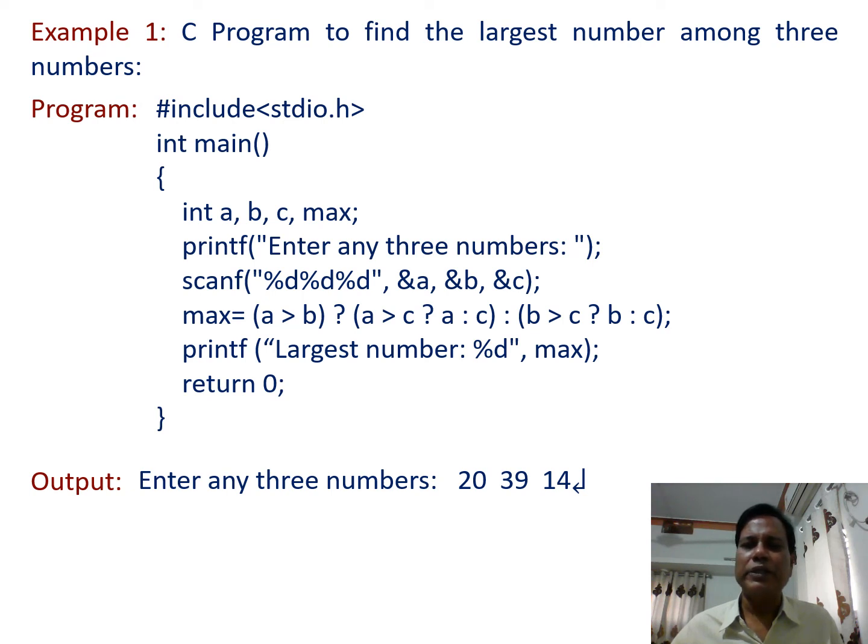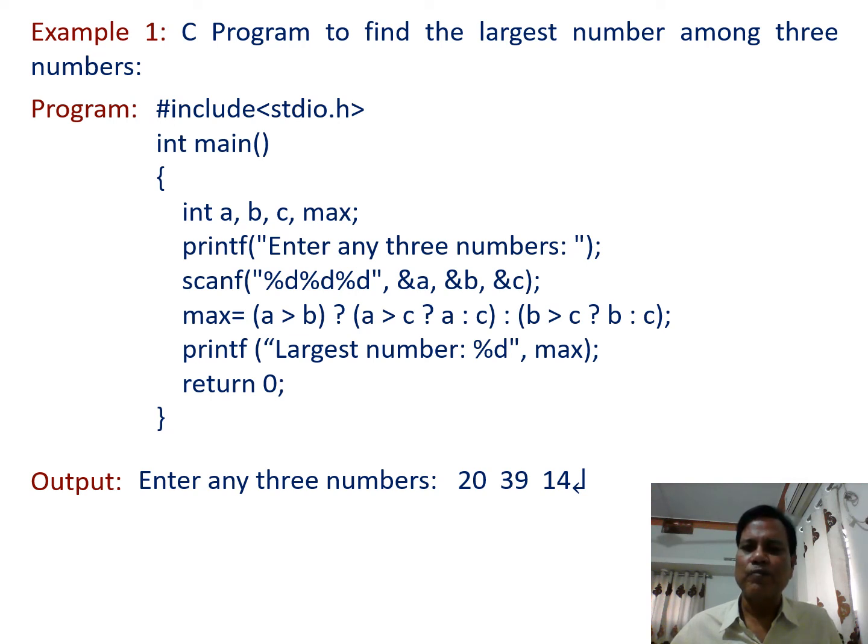Then expression 3, that is the false part which comes after the colon. In the false part we compare b greater than c. If b greater than c is true, then b is the greatest number. If this is false, then c is the greatest number. Here we find that 39 is greater than c.